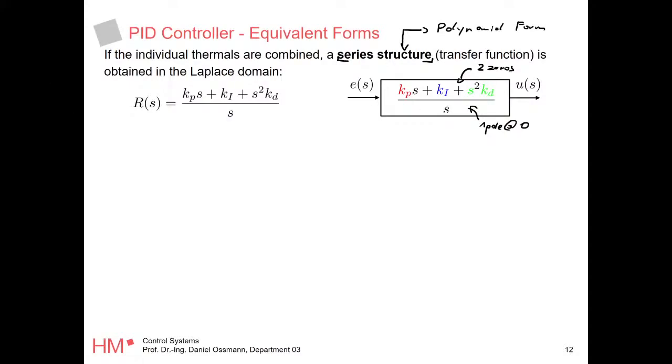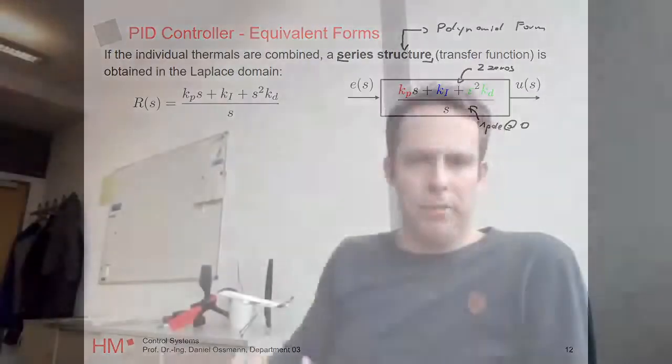Okay. So what's next? We know that if there's a polynomial form of our controller, we also have a pole zero form and a time constant form, right?